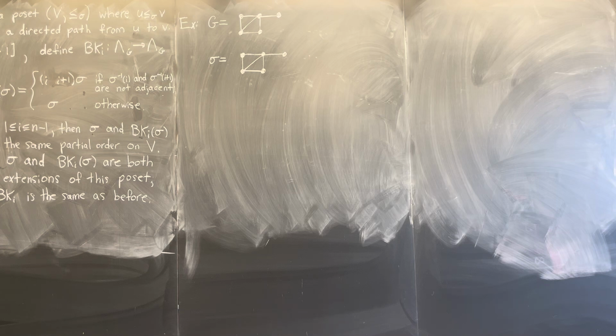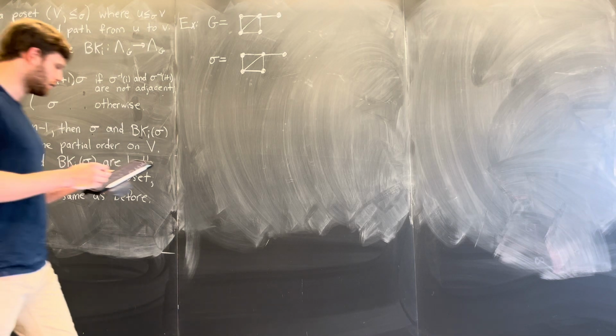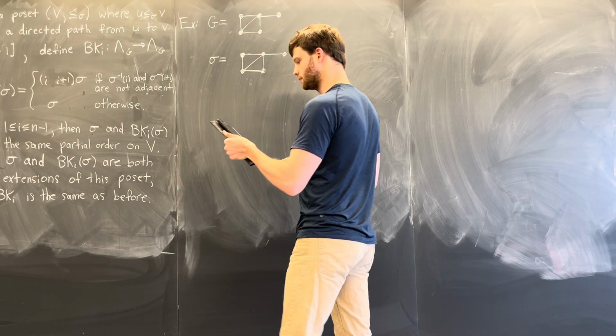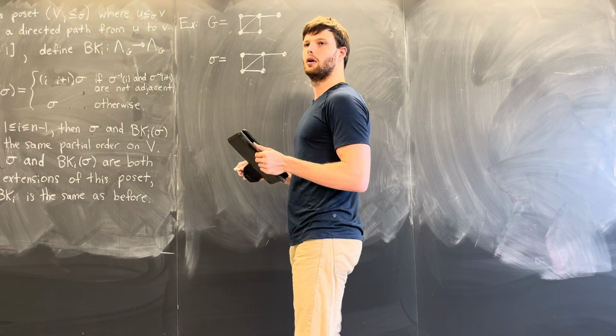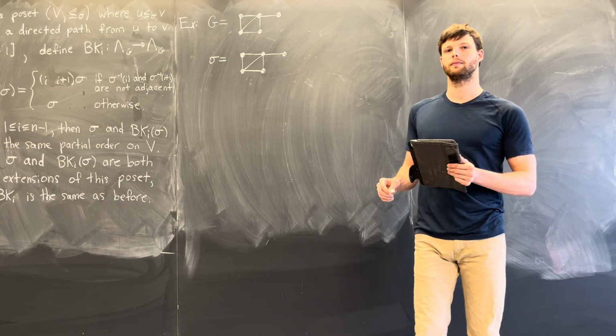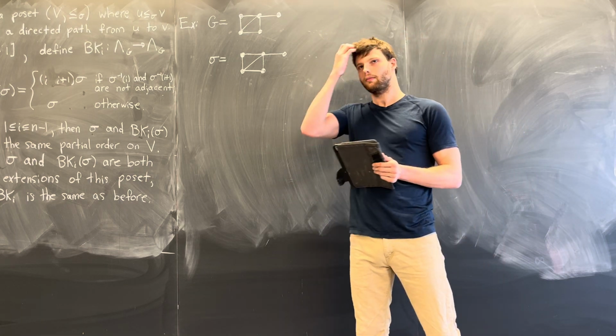I think it's confusing the way I've said it, but maybe the example will make it clearer. So, is the point that if i and i plus 1 are not adjacent, then they're not comparable? Yeah. Yep. Because they're adjacent numbers? Yes. Okay. Yep.